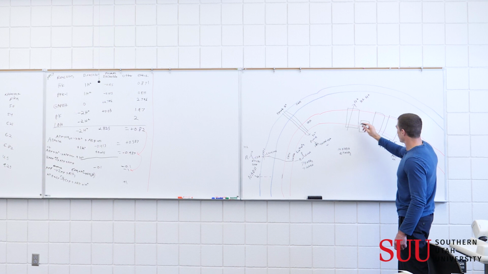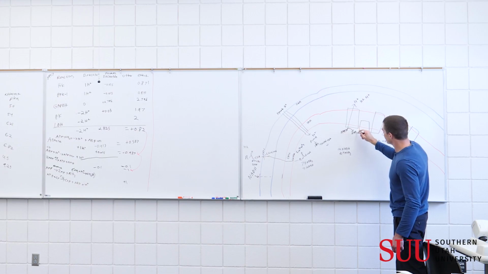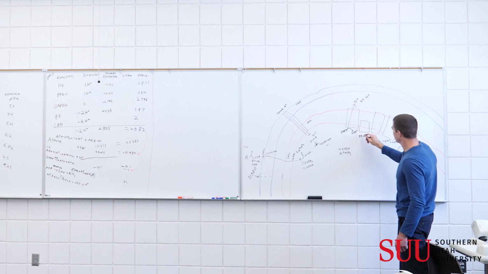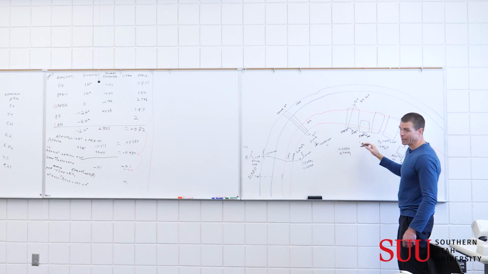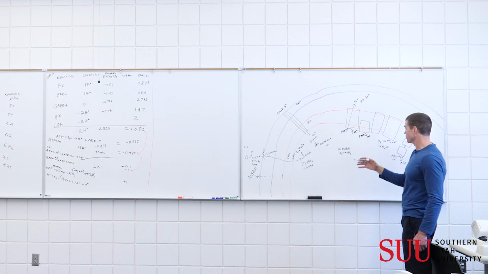This is complex 1, where you take your NADH and it gets oxidized to NAD+. Here's your FADH2, and you get FAD. And remember, this is the same succinate dehydrogenase complex that's in the TCA cycle.